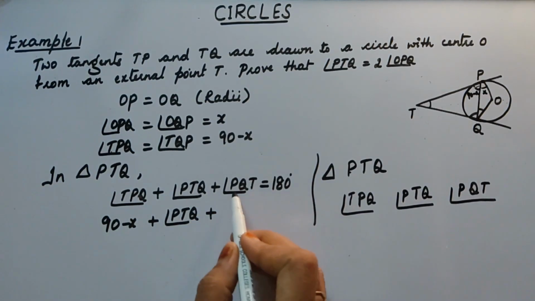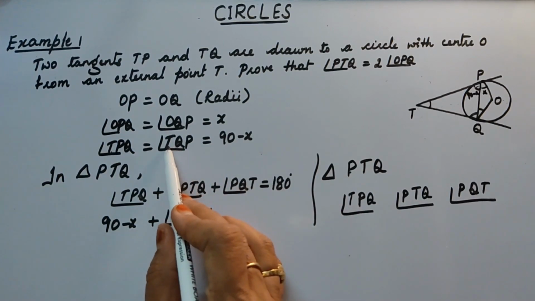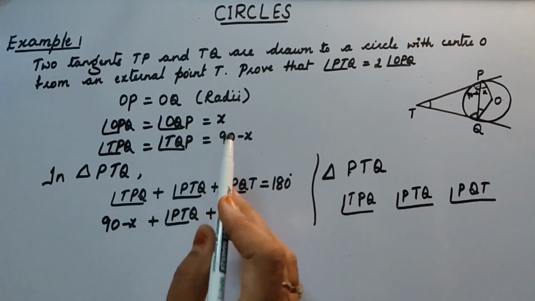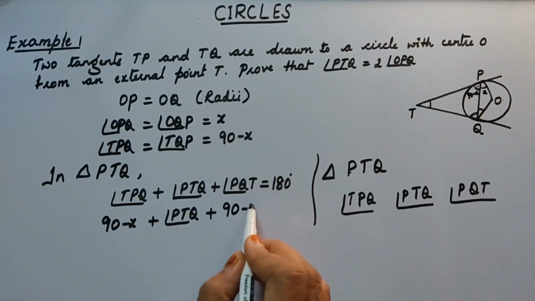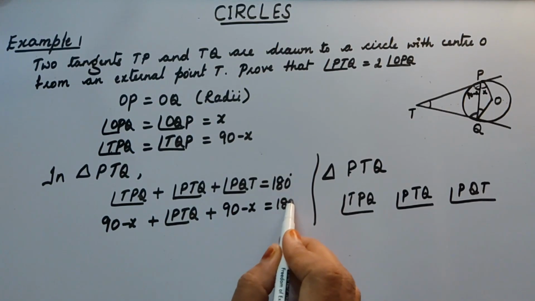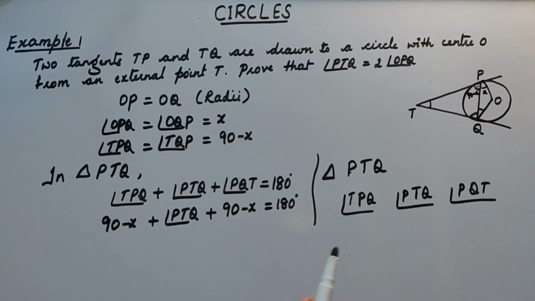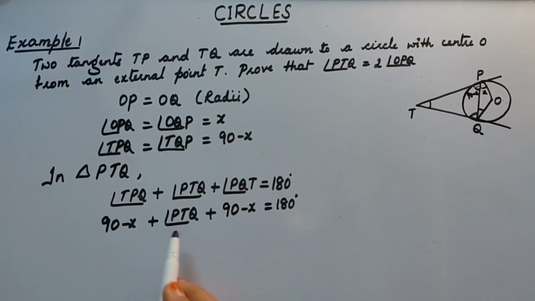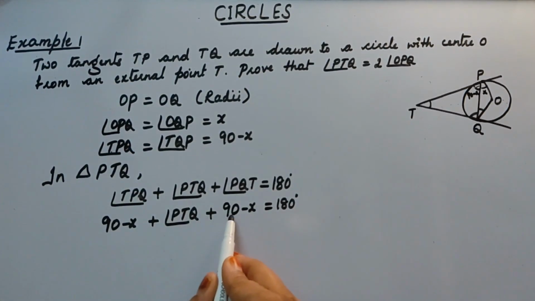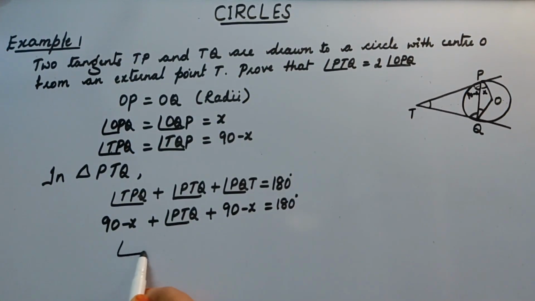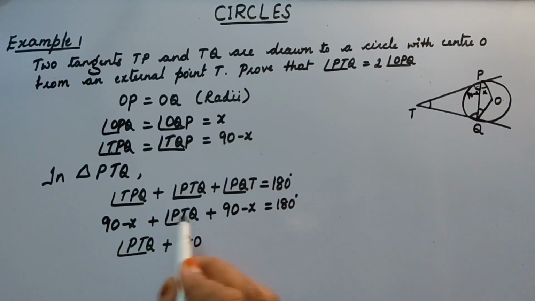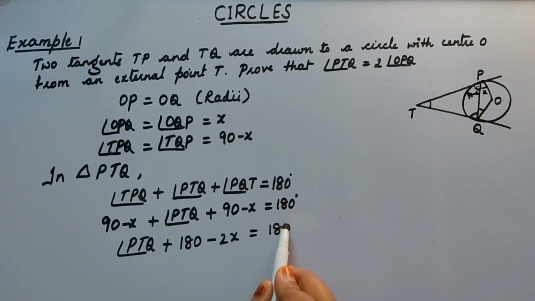Now PQT or TQP both mean the same. PQT, which is equal to 90 minus x, is equal to 180 degrees, students. Now here, 90 plus 90 is 180, minus x will be minus 2x is equal to 180 degrees.